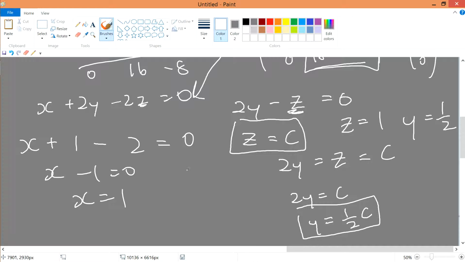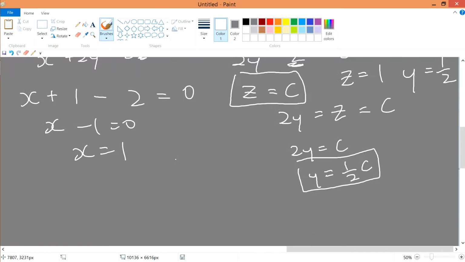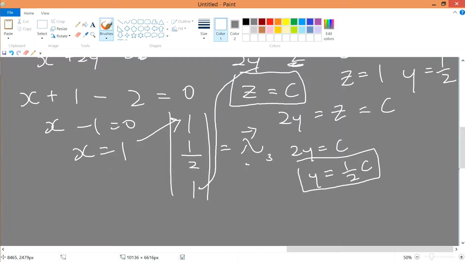In this case, I can rewrite the situation as 1, half, 1. Okay, so this is one of my eigenvectors for 3 in this case. Alright, so this is my eigenvector, and this is simply the x that I found earlier. This is the z that I have determined earlier. Okay, should be this one, right?